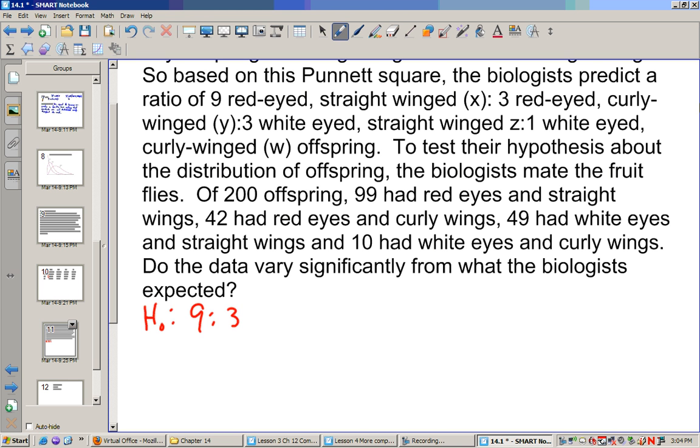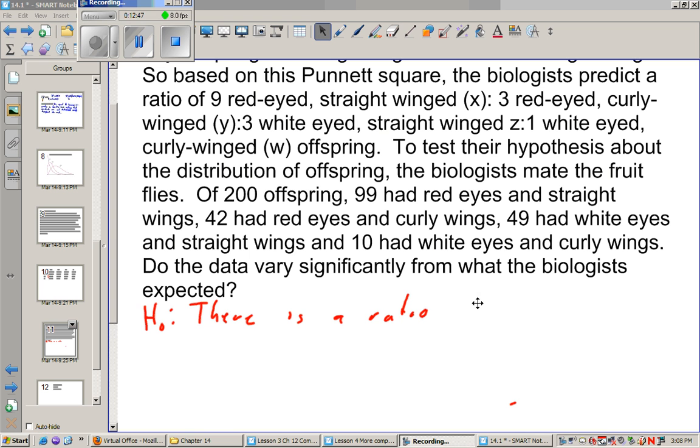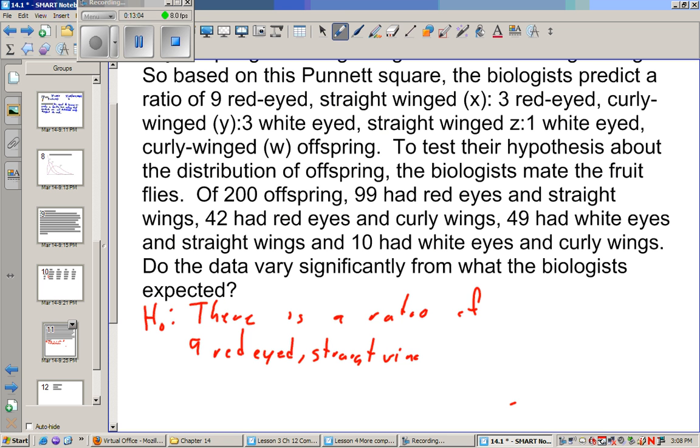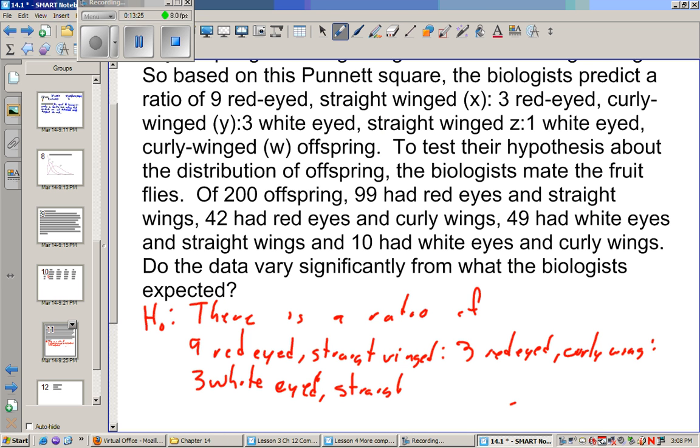So there's a ratio of 9 red-eyed straight-winged to 3 red-eyed curly-winged to 3 white-eyed straight-winged, and then 1 white-eyed curly-winged.